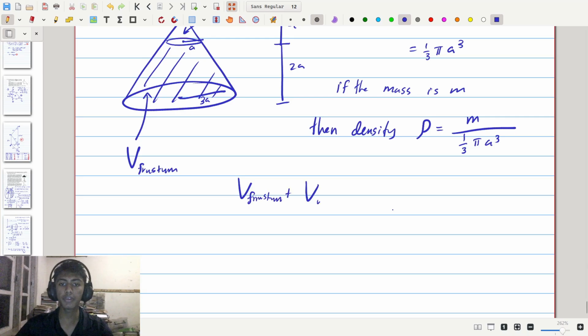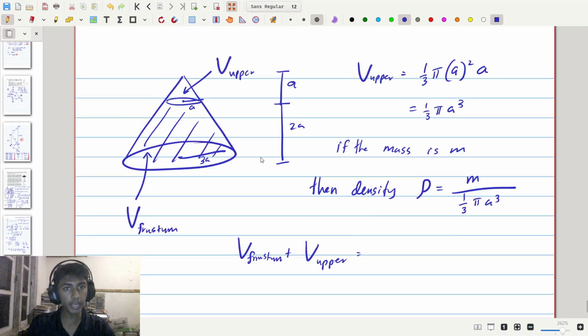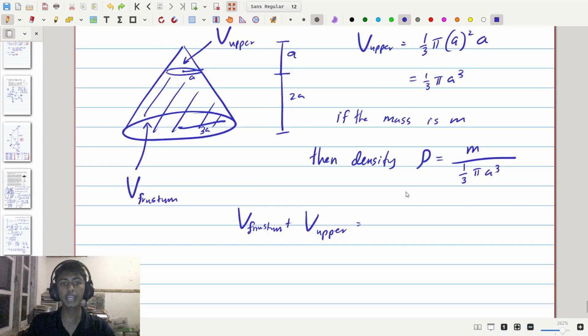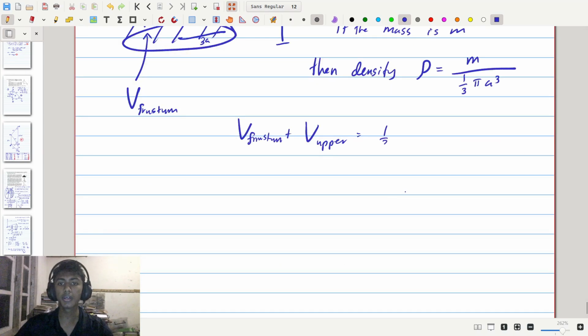V frustum plus V upper, the upper cone's volume, is equal to the total volume of the entire cone, which has a base radius of 3a and a height of 3a. So we have 1/3 pi r squared h, so 3a squared times 3a, and we're going to get 27 times 1/3 pi a cubed.